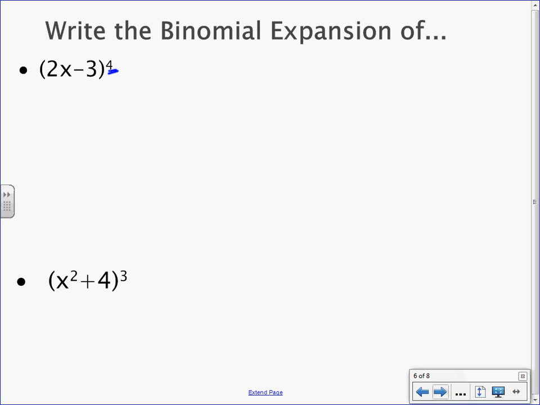So 4 combinations of 0 times, we need 2x to a power, and we need negative 3 to a power. Whatever you have right here for your r, 4 combinations of r, that is going to match the coefficient of y, your second term in the binomial.